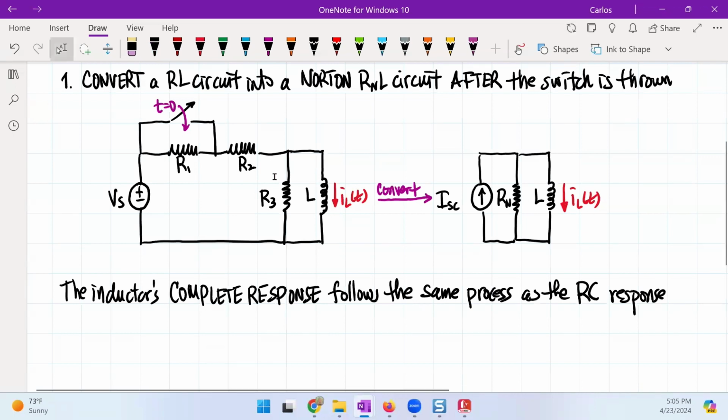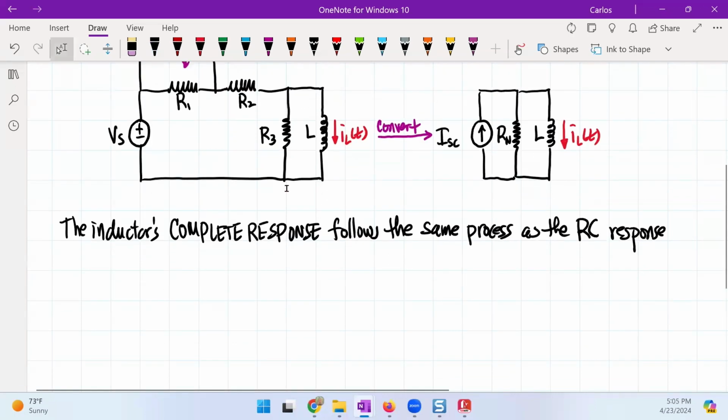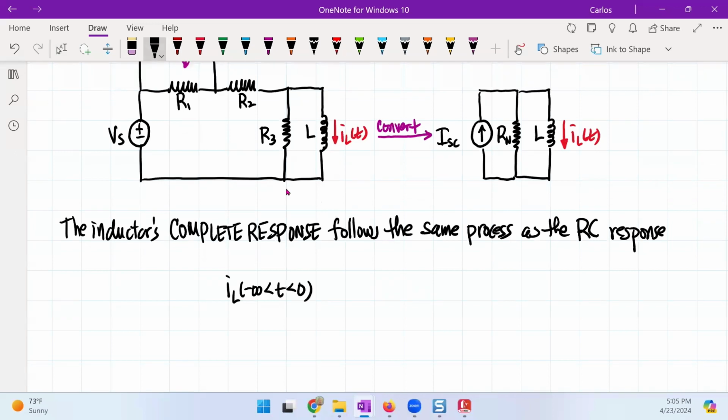And it has to go like this. Our focus now is the inductor. So now it's going to be IL from minus infinity to 0, which we define as 0 minus. This is the initial steady state.